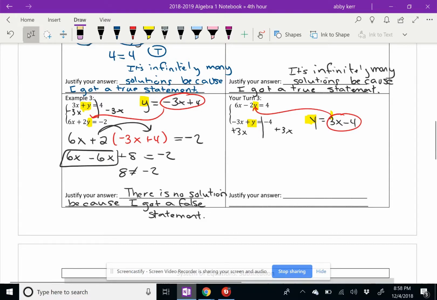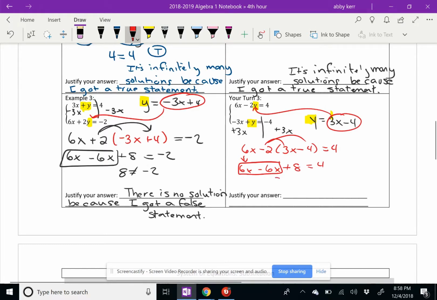Now, once you circle the two terms, I recommend just rewriting the first equation. So we have the 6x minus 2 parentheses 3x minus 4 equals 4. Once again, drop down the 6x and then just distribute. So then we have negative 6x plus 8 equals 4.